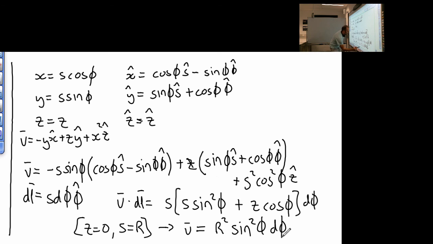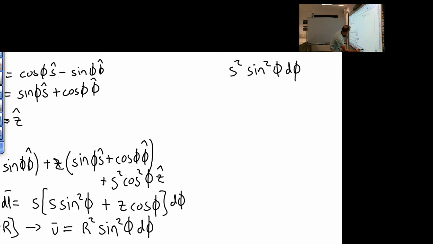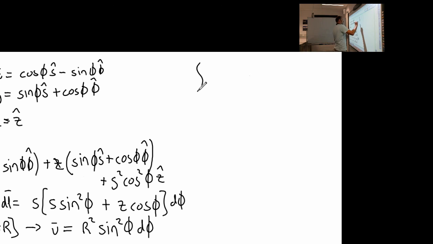Okay, so now just for our final step, we must integrate this. So our integral is going to be between 0 and 2 pi for r squared sine squared phi d phi.